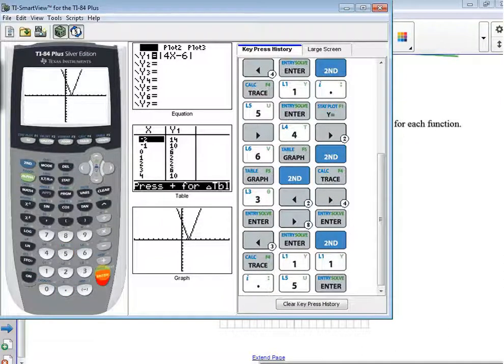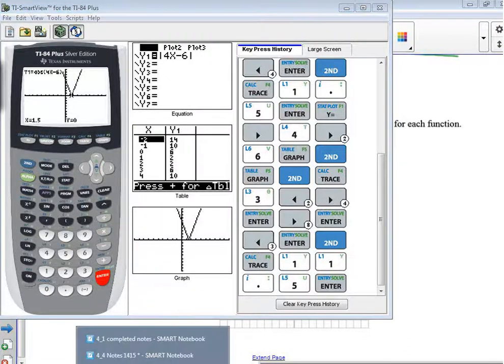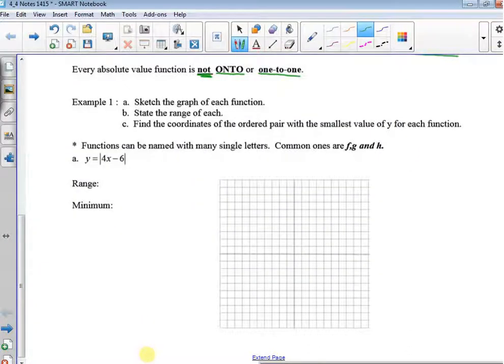And hit enter. And it tells me when x is 1.5, y is 0. So I have a table and I also have a minimum.